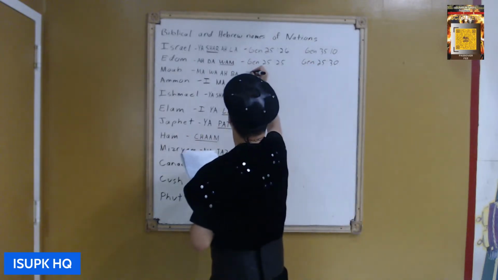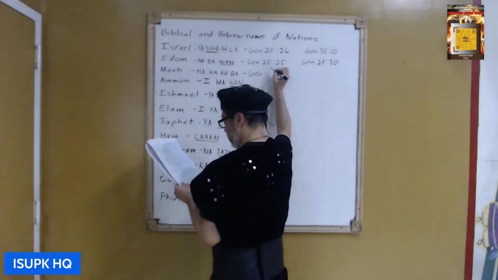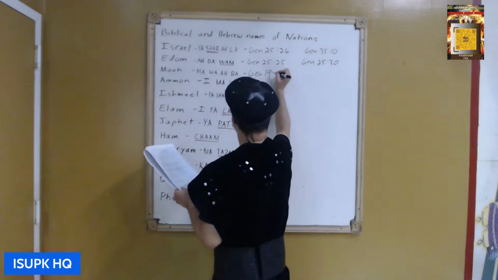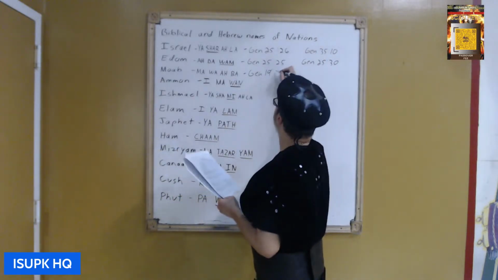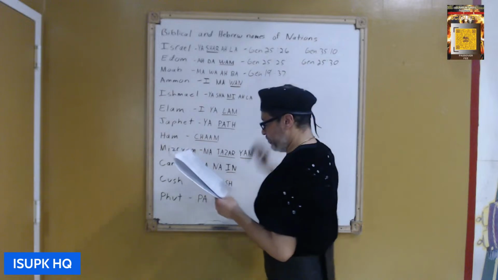Moab appears in Genesis 19 and in verse 27.